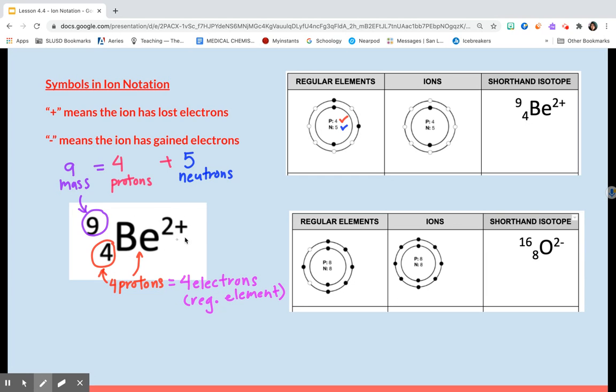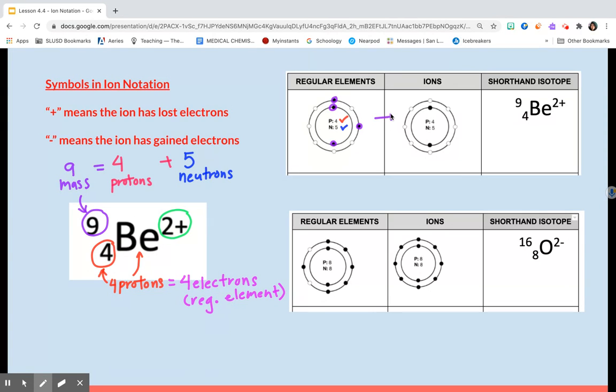But now we have something new because we're talking about ions. This number with a plus or minus sign at the end. If I see a positive 2, the plus means the ion has lost electrons. So if I have my regular element that normally has 4 electrons, here it has 1 electron, 2, 3, and 4.